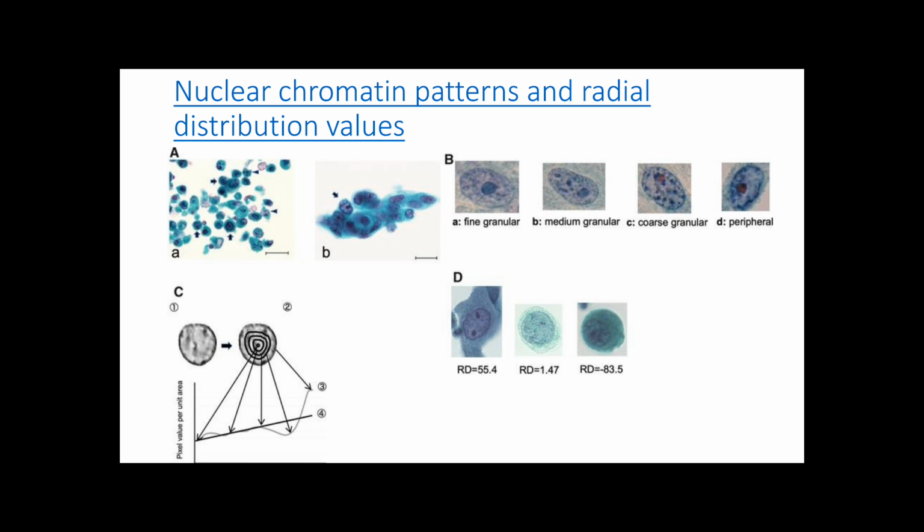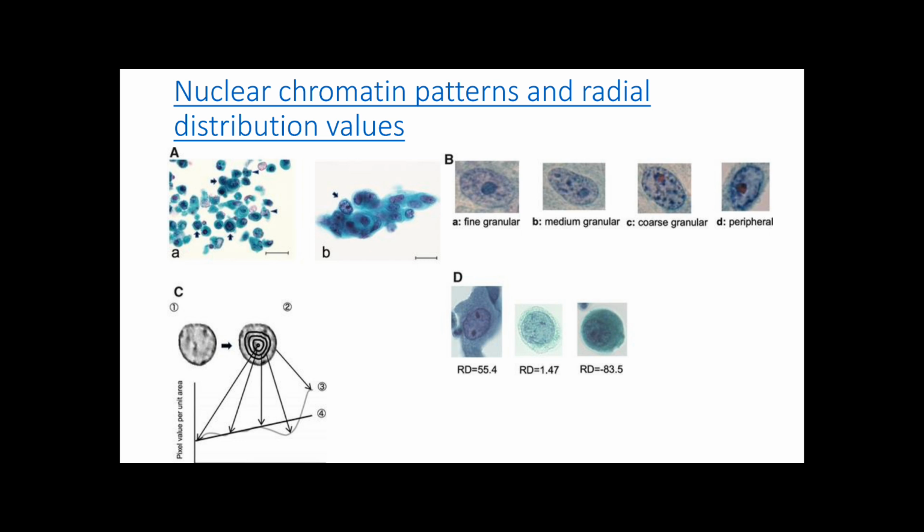Fine granular means finely granular, spread over all the area. But in B, the second picture, it is medium granular, with granules compared with the first picture. Second, there are some granules. But the third one has coarse granules, so in some areas we can see dark spots like that.